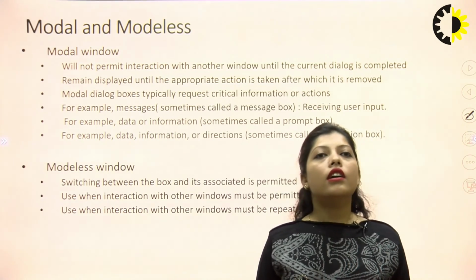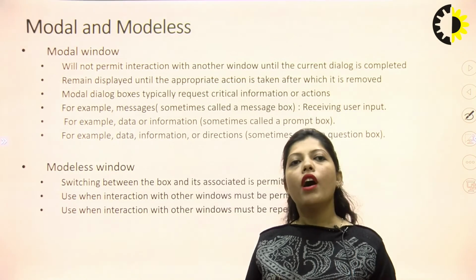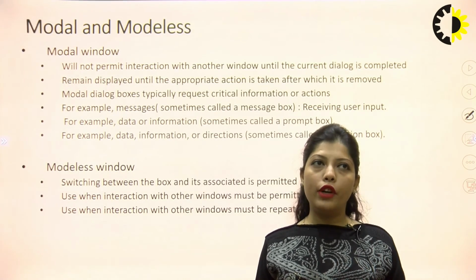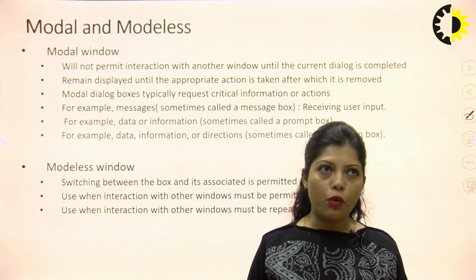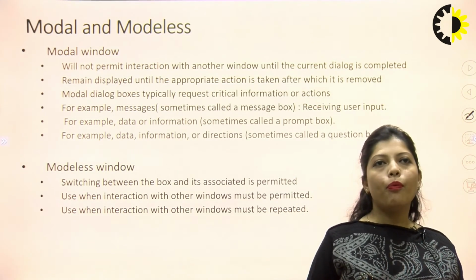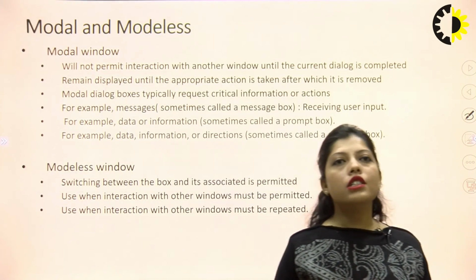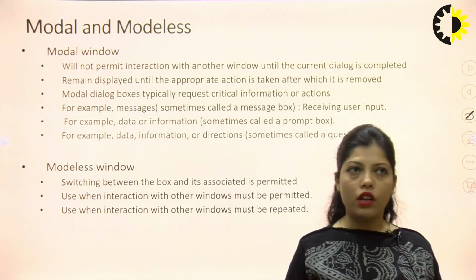You have to close the dialog box window, after that you can work on the other window. So this is the modal window. Modal dialog box examples are message box, prompt box, question box. These are all examples of the modal window.